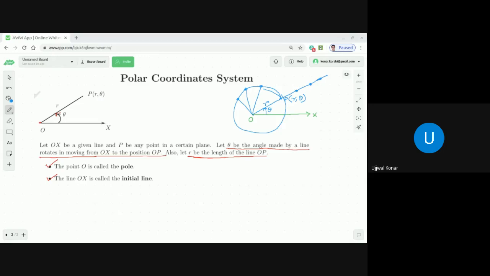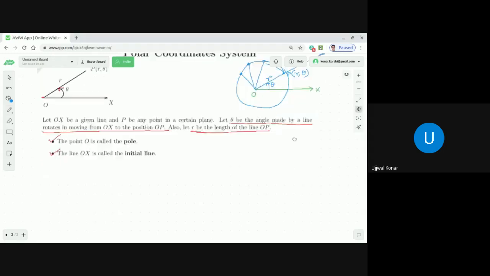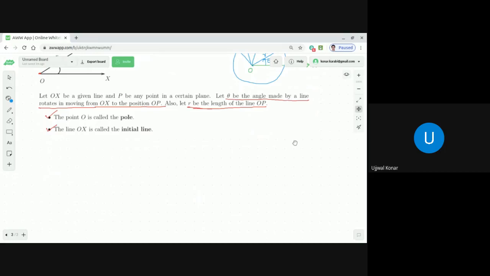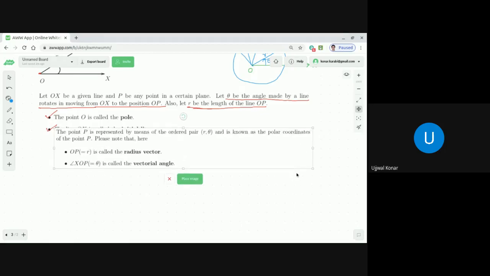So the point P is represented by the ordered pair r comma theta, known as the polar coordinates of the point P. OP is known as the radius vector, and the angle XOP is known as the vectorial angle.